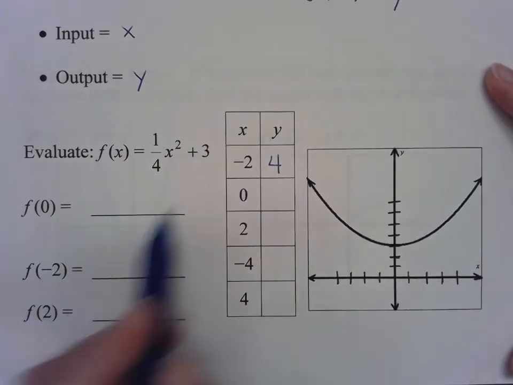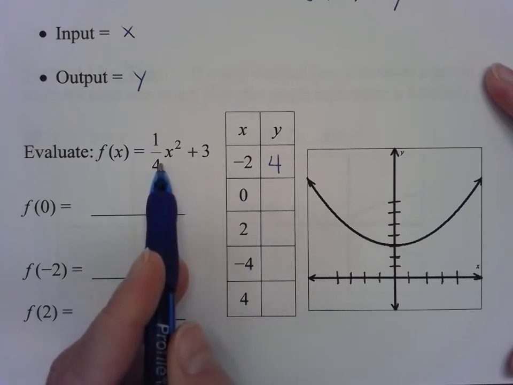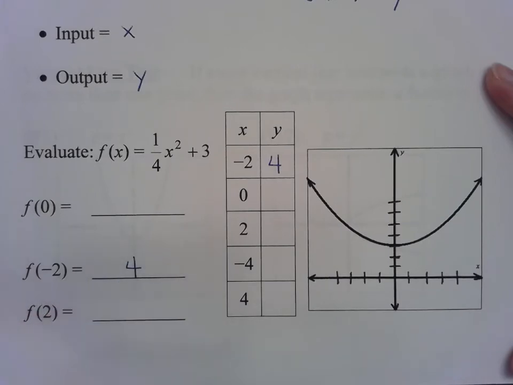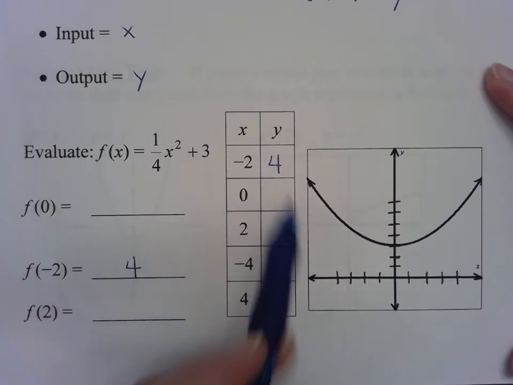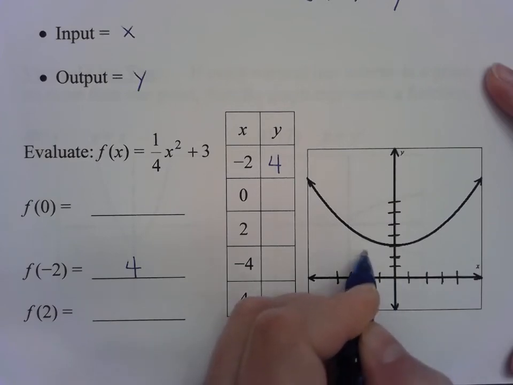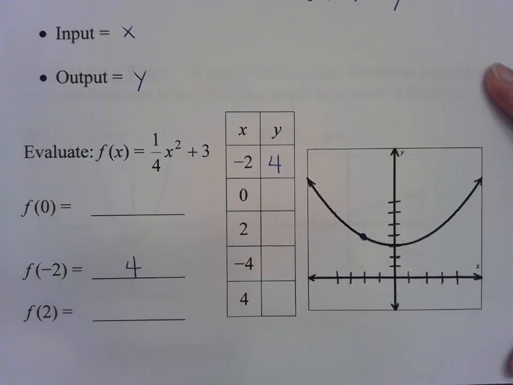So f of -2, when I use this input into this function, when I plug it in, I get 4, right? And on the graph, that matches up with the point -2, positive 4. So all those things are kind of tied together.